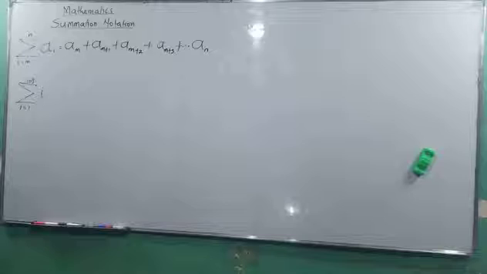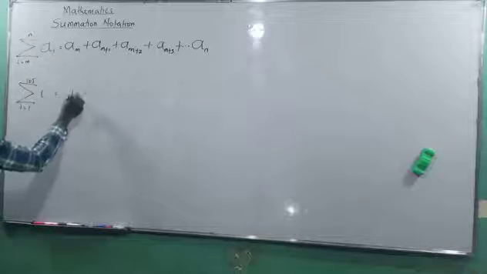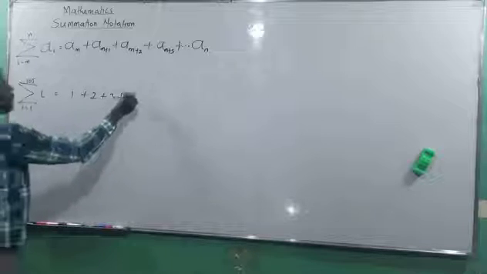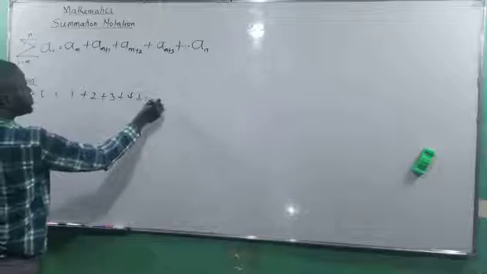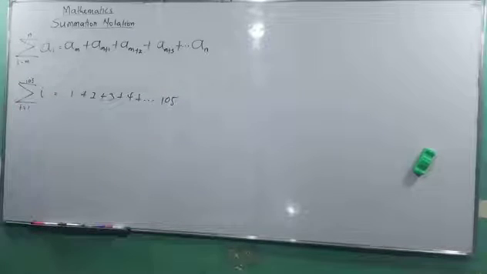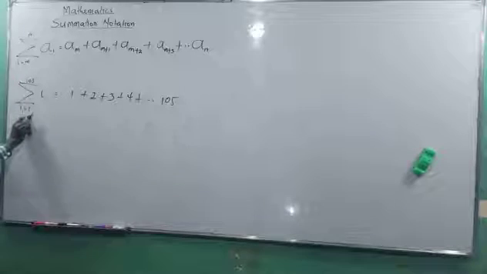It means I have 1 plus 2 plus 3 plus 4 plus and so on up to 105. That is what we are talking about. It runs from this to this.